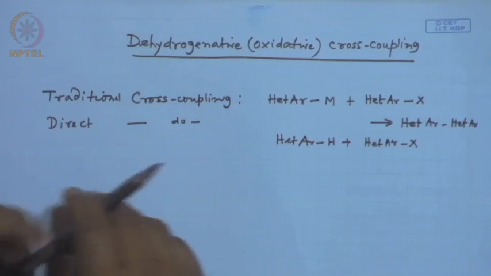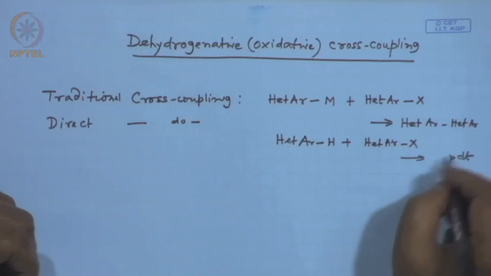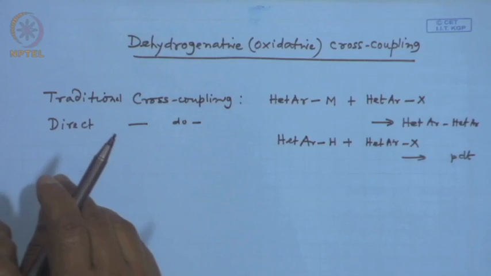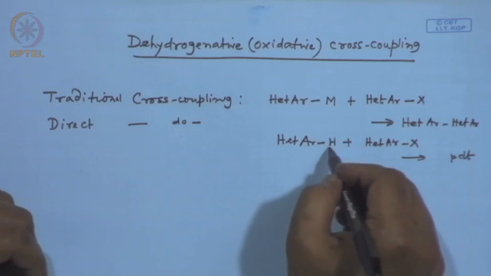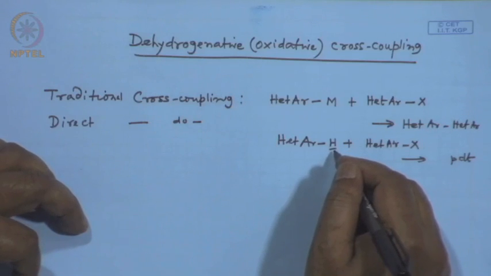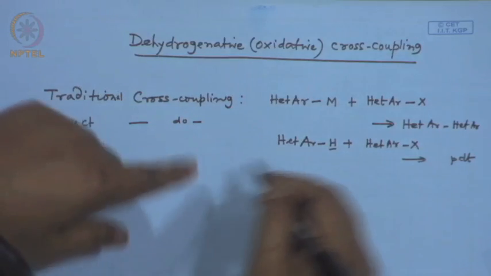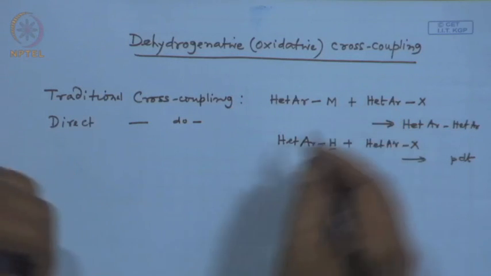If you have an aryl C-H, intermolecularly this can go to the product, which is again a biaryl. In this case hydrogen is somewhat analogous to a metal, like silicon. Silicon we call a super hydrogen, a metalloid, so it has some analogy with hydrogen reactivity. So in direct cross coupling we don't have a metal or metal derivative.